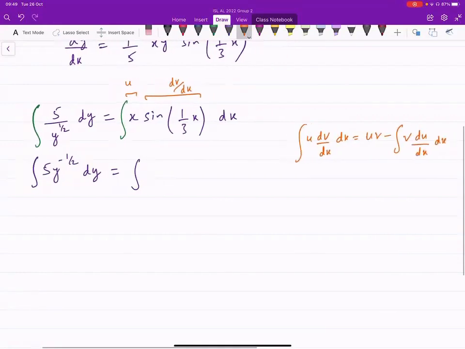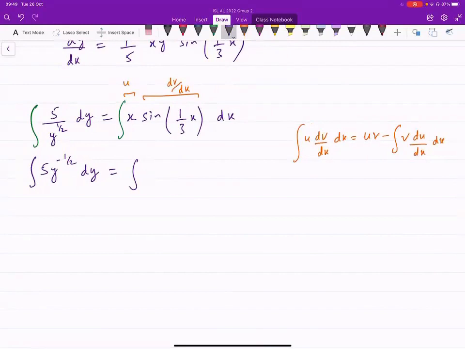ठीक है, उसमें वैल्यूज इनपुट करनी है सर। So we have u times v, u is x, sine 1/3x का integral. Sine का integral is minus cos, right? So we have minus cos 1/3x divided by 1/3. Okay, so that's u times v.